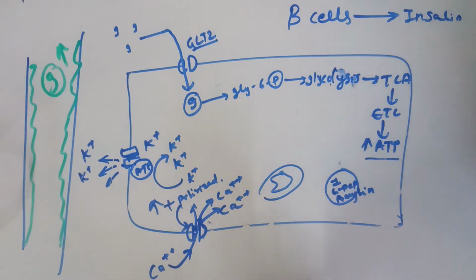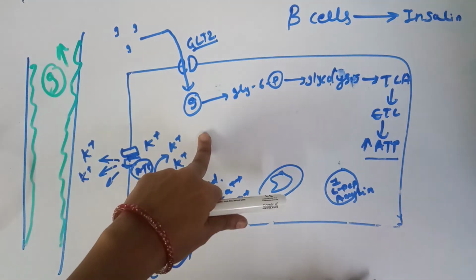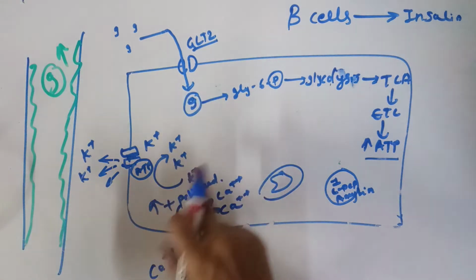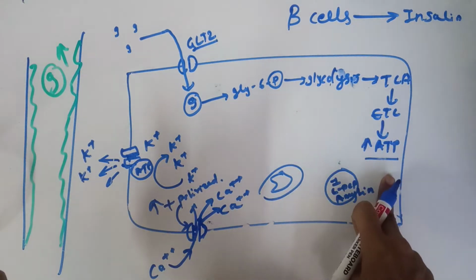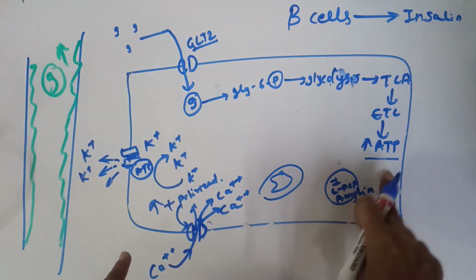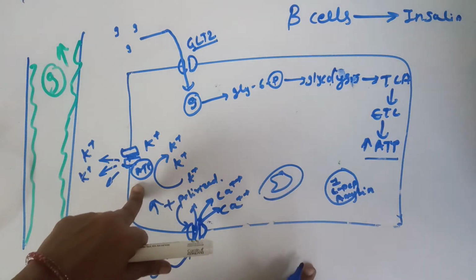So guys, I will explain to you. When there is high glucose concentration, glucose comes inside directly because of the concentration-dependent channel GLUT2. This glucose goes through glycolysis and TCA and produces ATP. If more glucose comes inside, more ATP will be produced. More ATP binds to and closes your potassium channel.